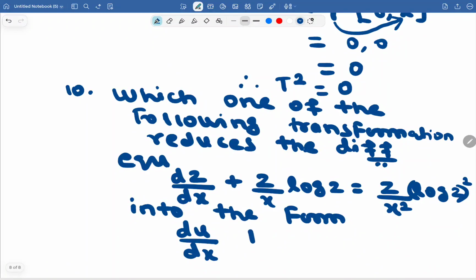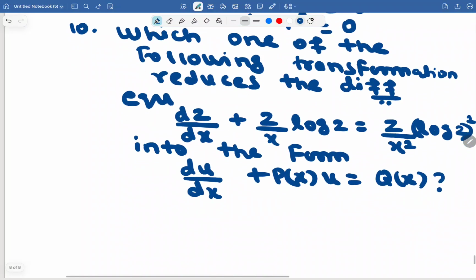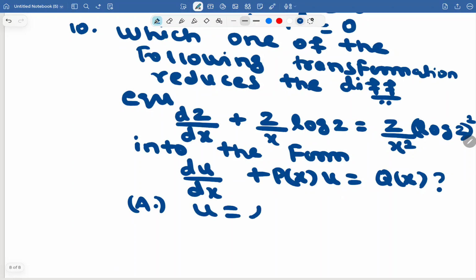du by dx plus p of x into u, which is equal to... Option A, u equal to log z.